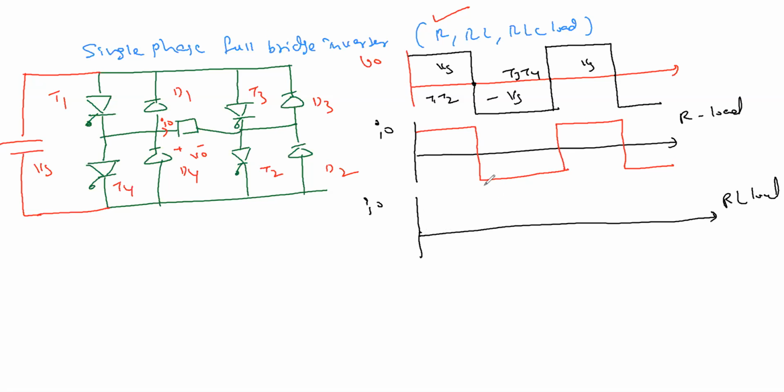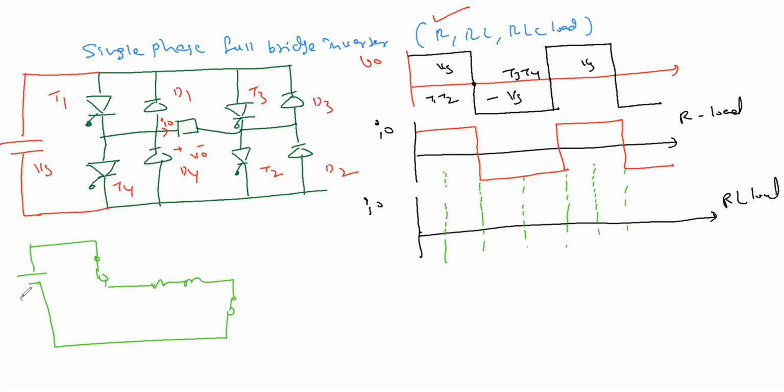So meaning, let me extend this. And RL load, DC is given to RL load. The current is kind of exponentially increasing scenario. We know that one. Something like here now. RL load हो तो क्या होगा? This is what I was talking about. T1, T2 conducts. And this is R, L. So T2 here now.